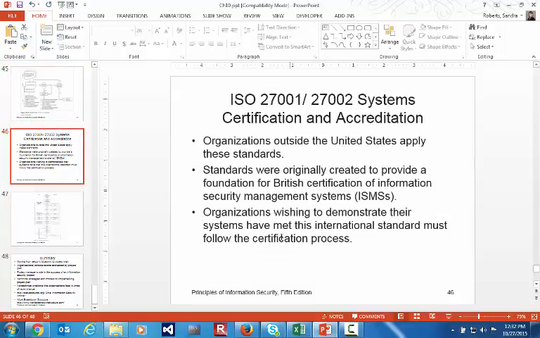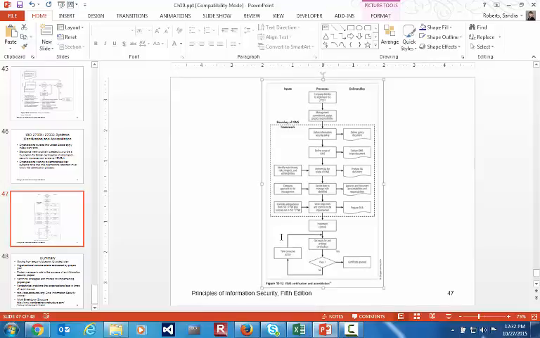Now here's the ISO 27001 and 002, the accreditations, and I did give you a link for that. Look at this a little bit bigger.